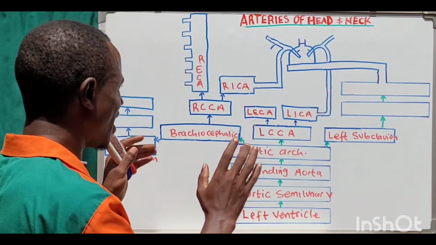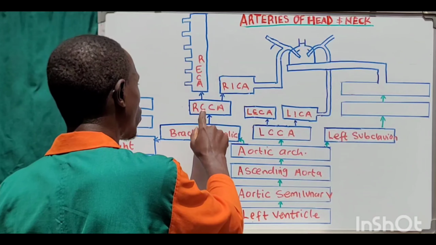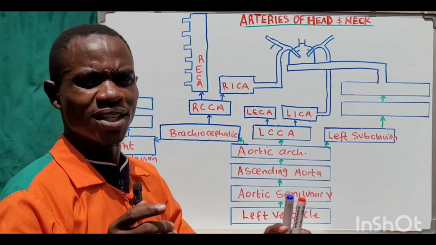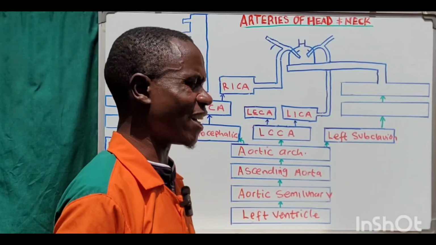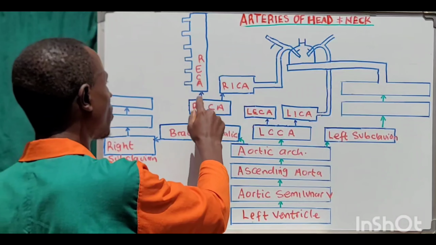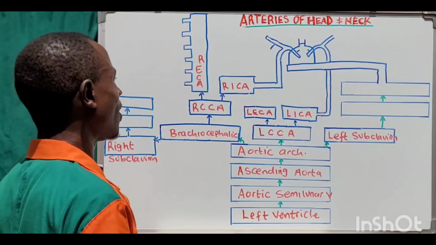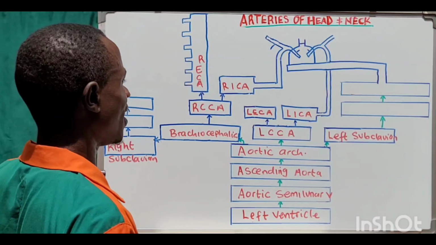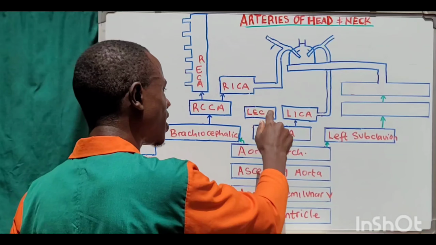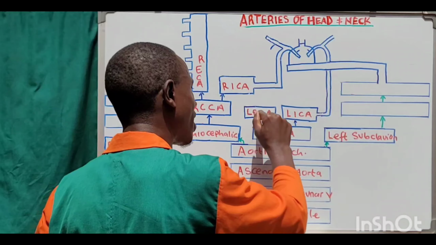Now, the question is, of these branches of the left common carotid artery and the right common carotid artery, which branches are going to be supplying those areas? It is going to be the right external carotid artery, supplying the right side of the head and the neck. And then on the left side, it is going to be the left external carotid artery.